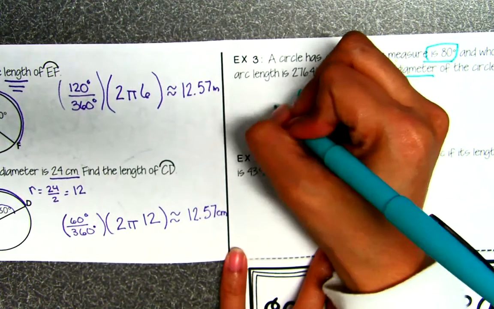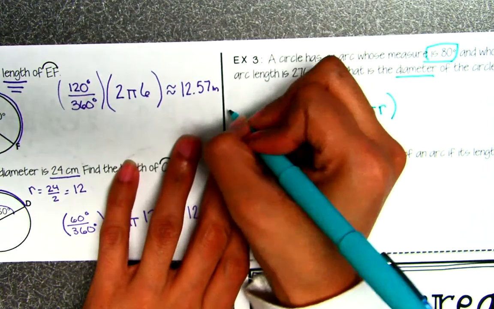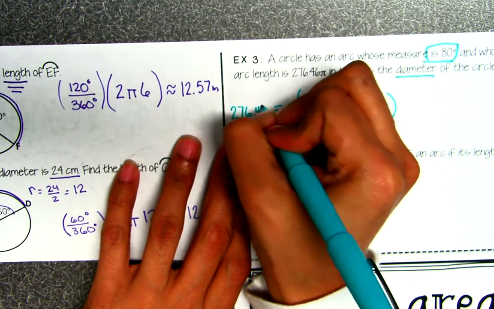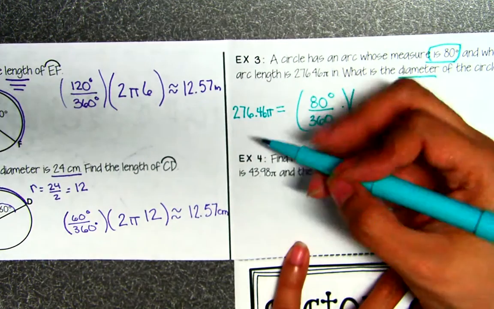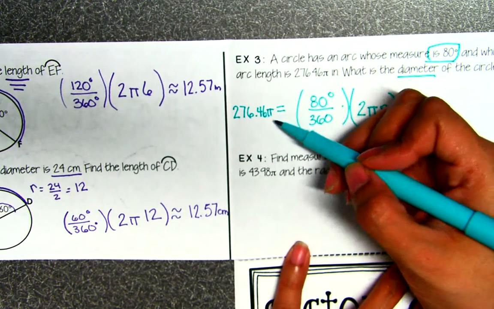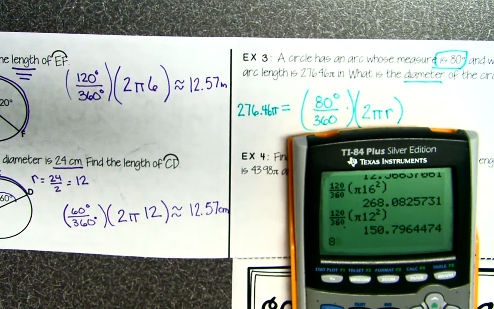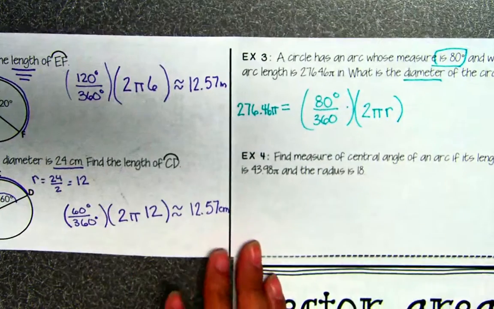And that is going to equal 276.46 pi. Please pay attention that you actually have the pi here. So I'm going to just put 80 divided by 360, and that gives me 0.222.